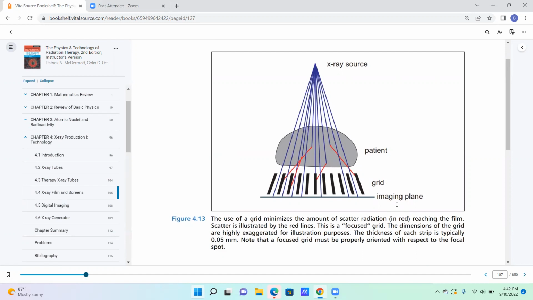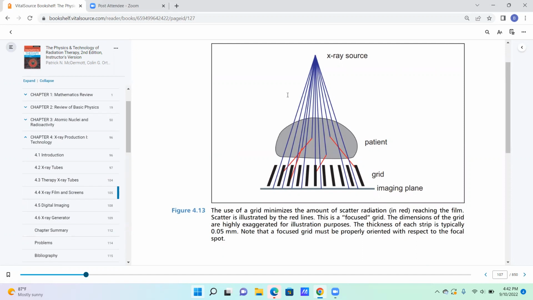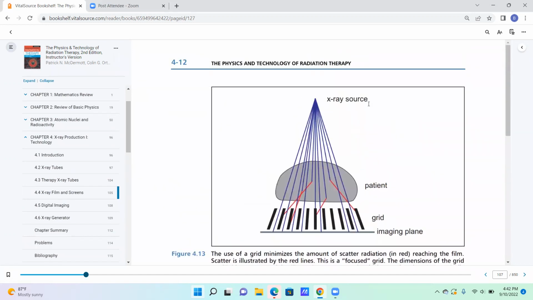So you can see here that you have a source that goes through a patient. These electrons or these photons go through, they interact in the patient, and some of these things get scattered.